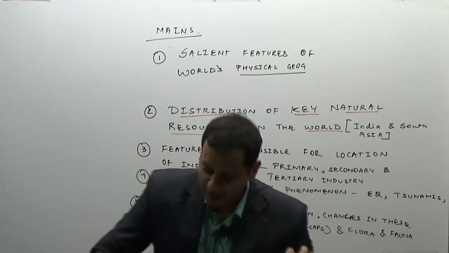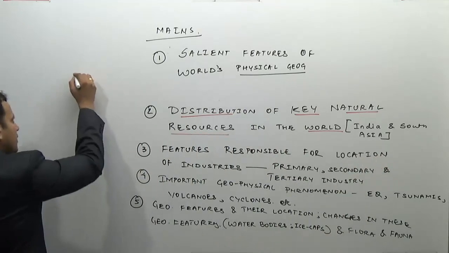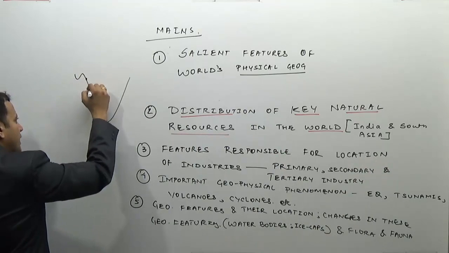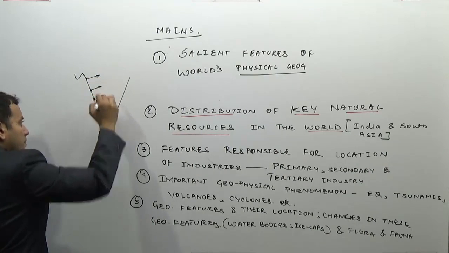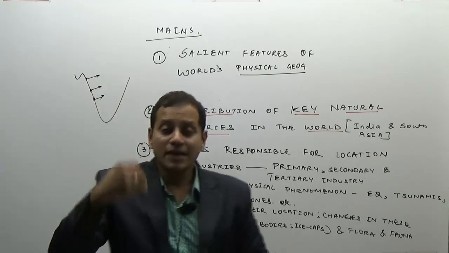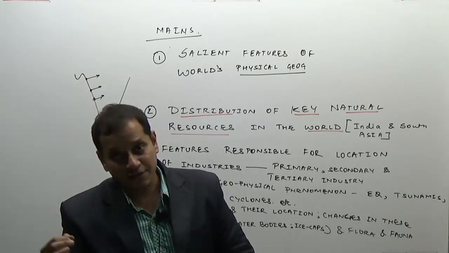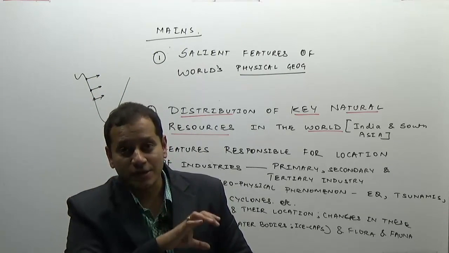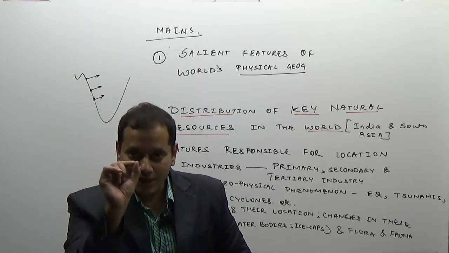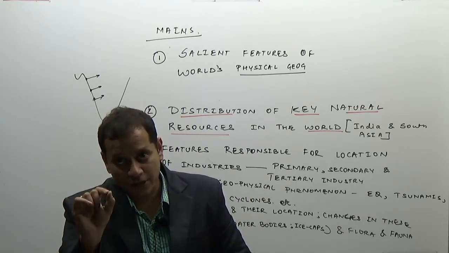For example, if this part of India gets submerged underwater because it is a low-lying area, it will result in people migrating into the interiors, an increase in the population pressure in the interiors of India, and hence more and more pressure on the resources. So, changes due to natural reasons, changes due to anthropogenic reasons.